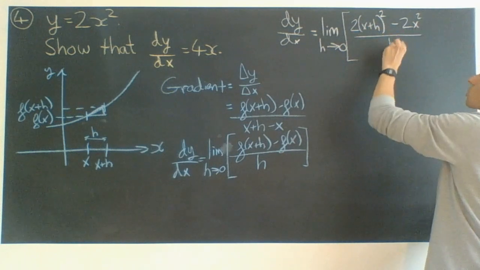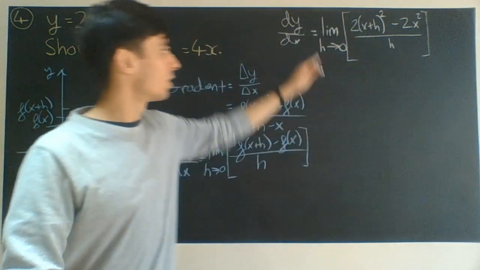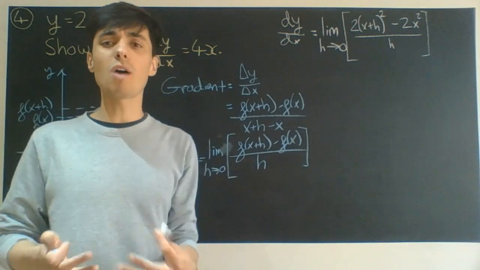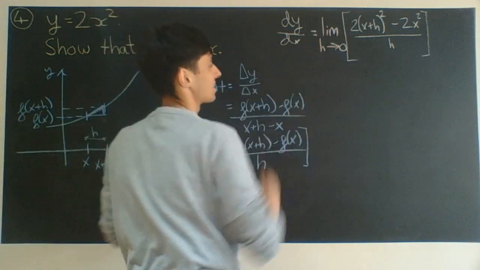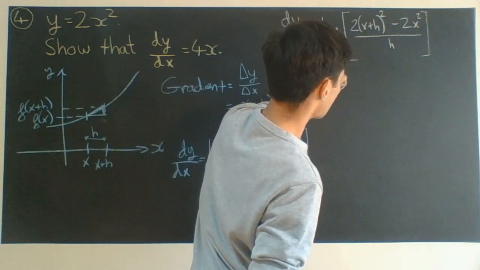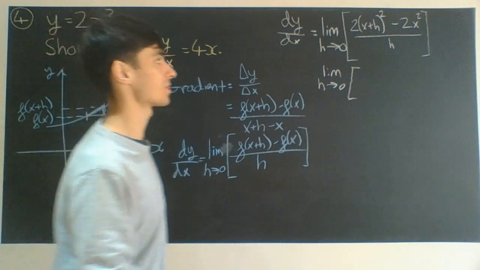On the bottom, it's always h. So that's the start of how our derivative is going to look from first principles. We can't forget about the limit here. We need to remember this stays. So we still need the limit as h goes to 0. But let's expand out the brackets and see what happens.